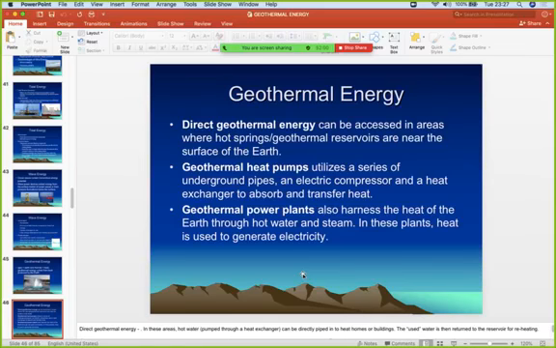Generally, geothermal reservoirs are near the surface of the earth. So we can use geothermal heat pumps. We have a kind of mechanical air conditioning system, we call it heat pumps. They utilize the heat, that's why they call it a ground source heat pump.